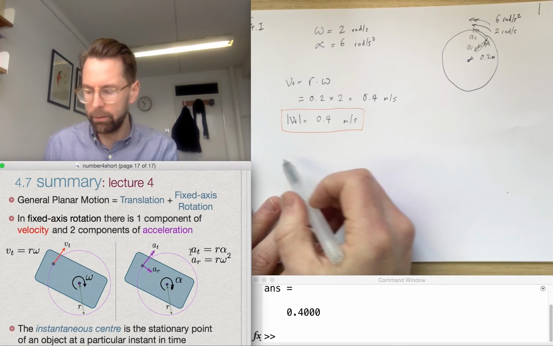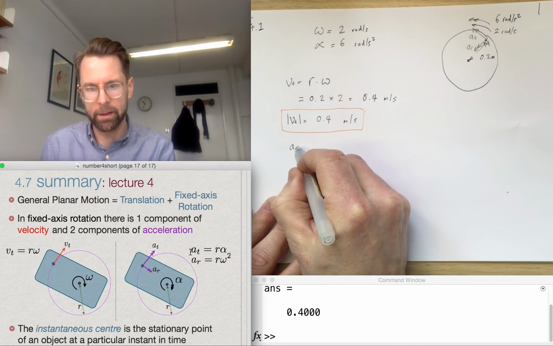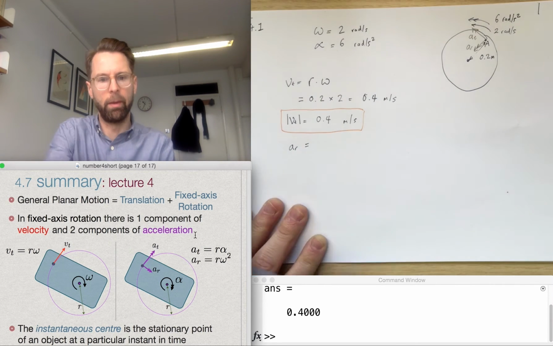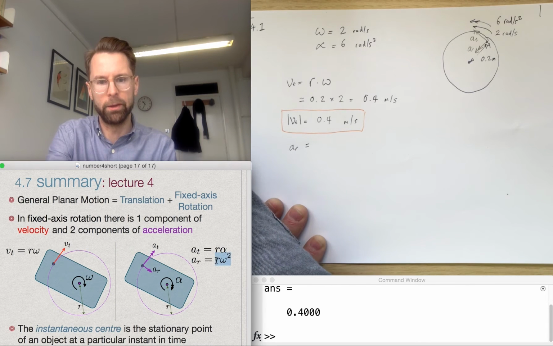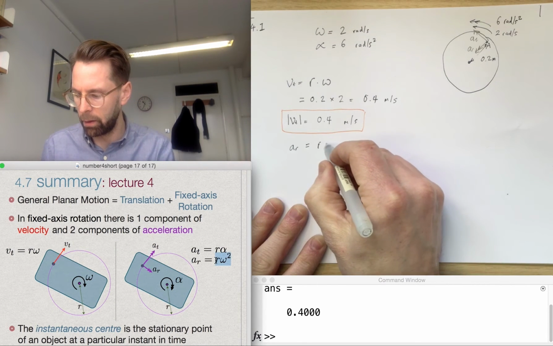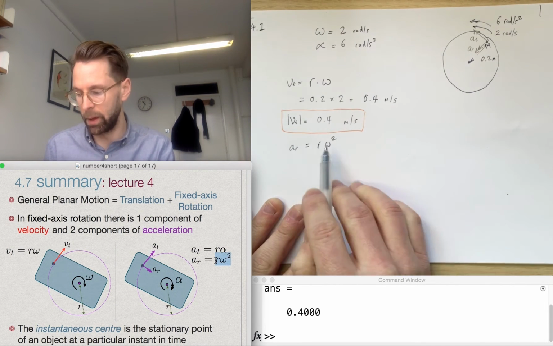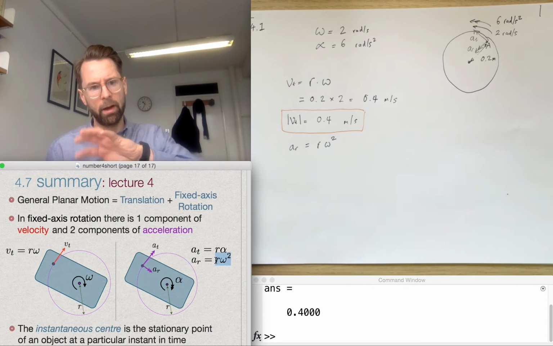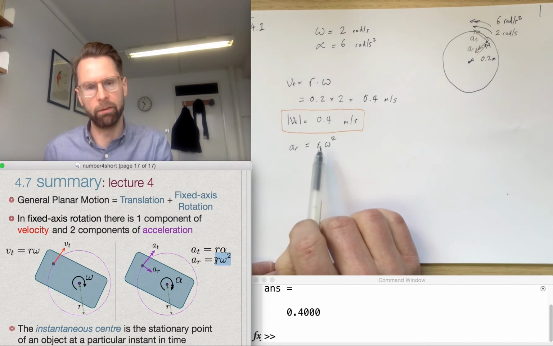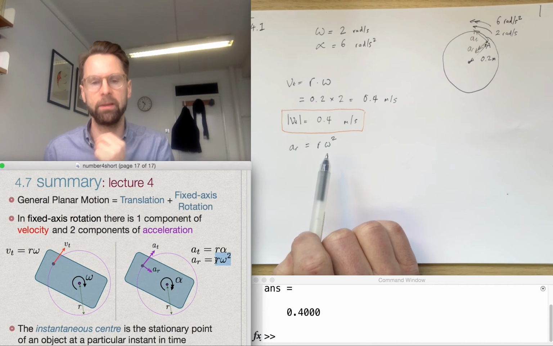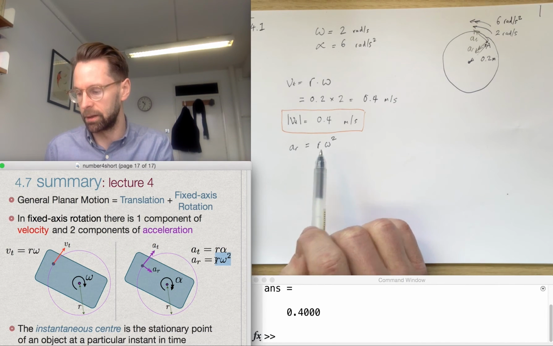Okay, so a sub r, which is towards the fixed axis, has, from our notes, a magnitude of r omega squared. It's got to be squared because the direction of rotation doesn't make a difference to the direction of the centripetal acceleration. That's always to the centre.